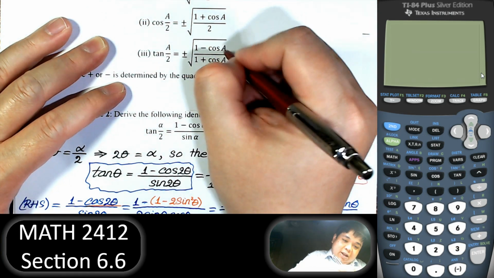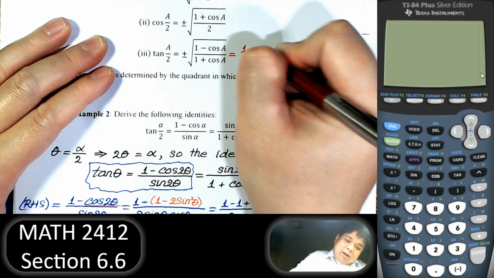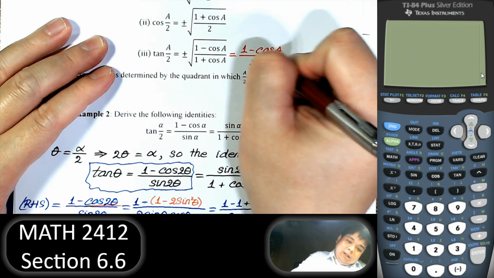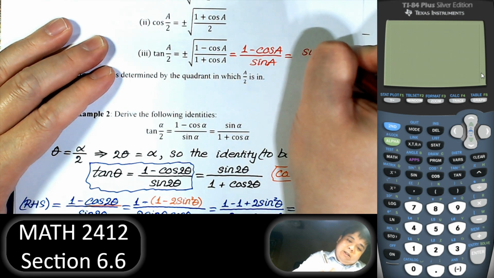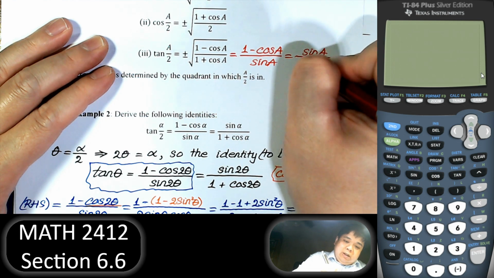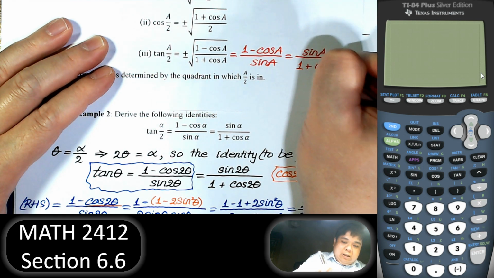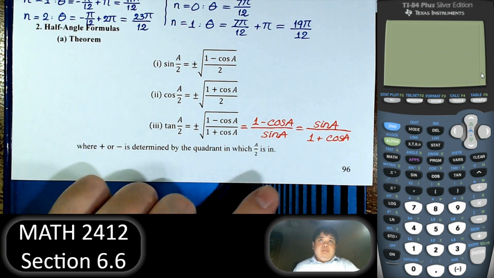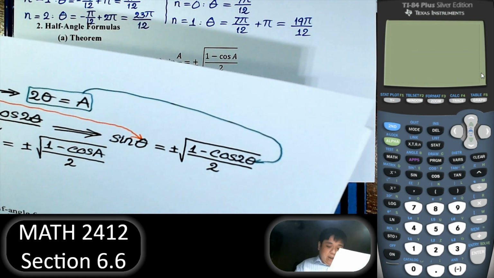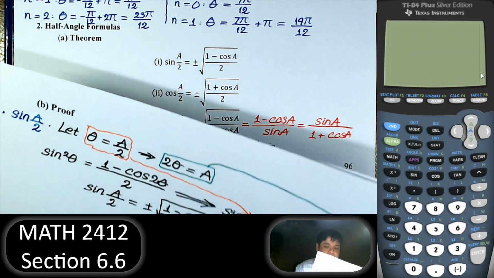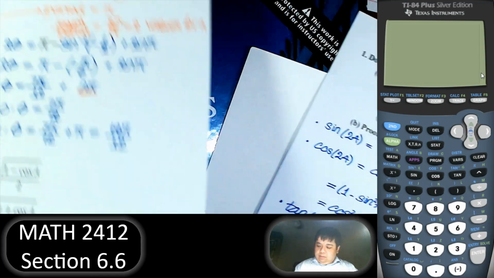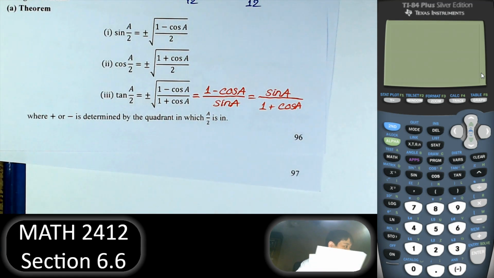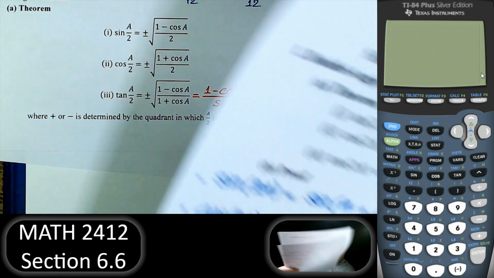So instead of this, I can say it is equal to 1 minus cosine of A over sine A, or we have sine of A over 1 plus cosine of A. So this is a lot more convenient formula for the half angle of tangent. Once again, just add that to the formula for half angle of tangent.